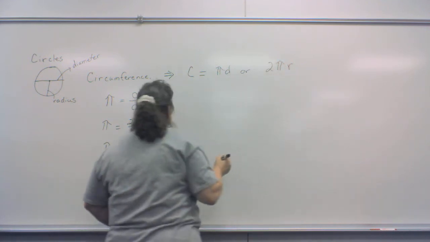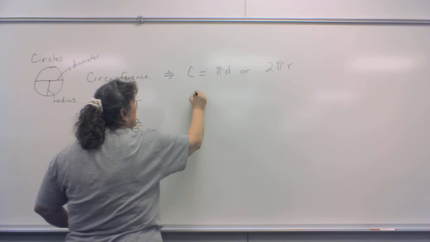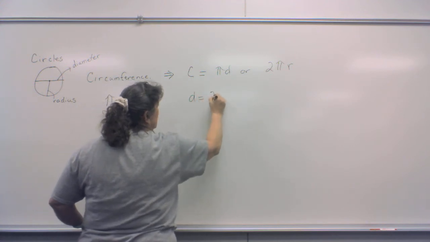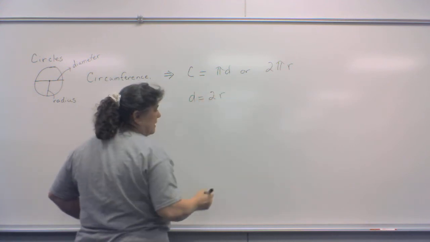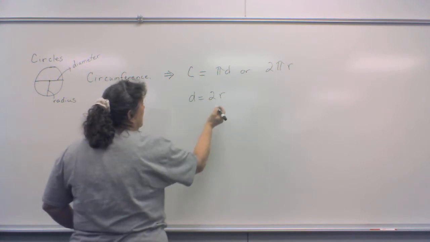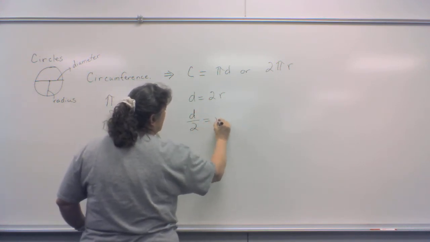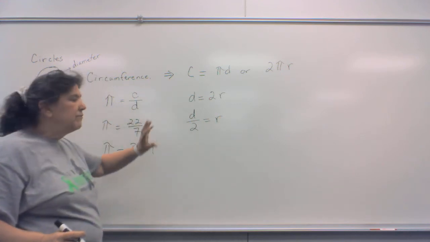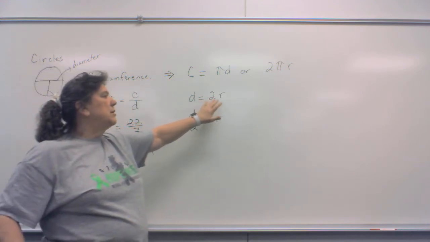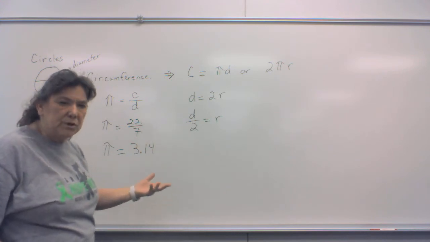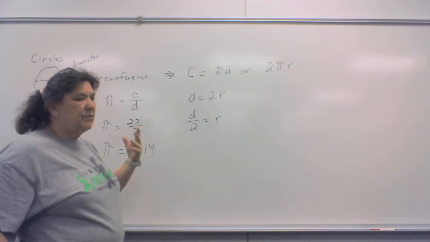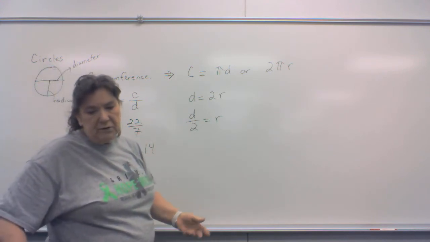And the reason why is the diameter is equal to 2 times r, the radius. Or we could say the diameter divided by 2 is equal to the radius. So we can flip back and forth between diameter and radius depending upon which one we don't have. And that's what we use to find the circumference of the circle.